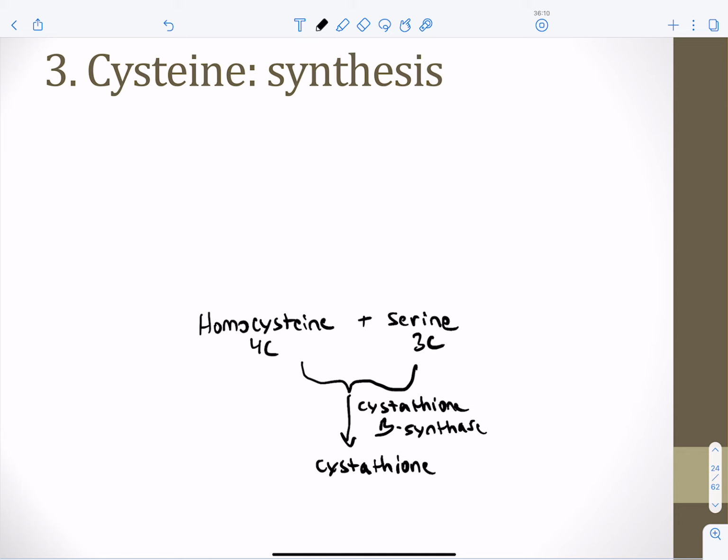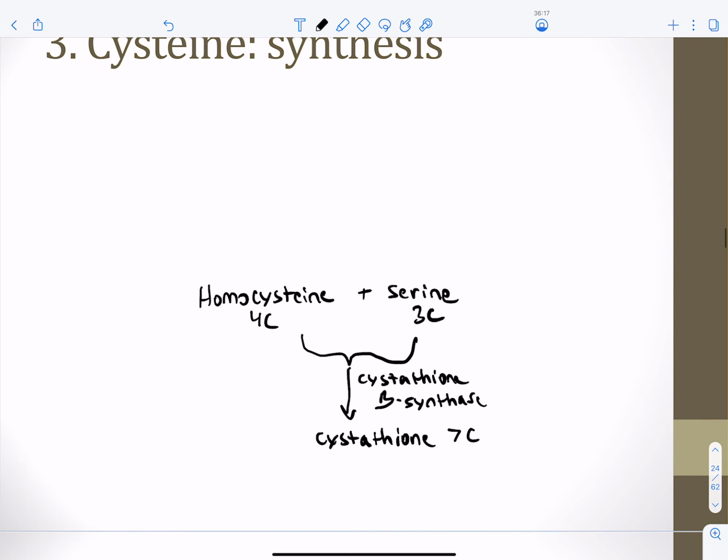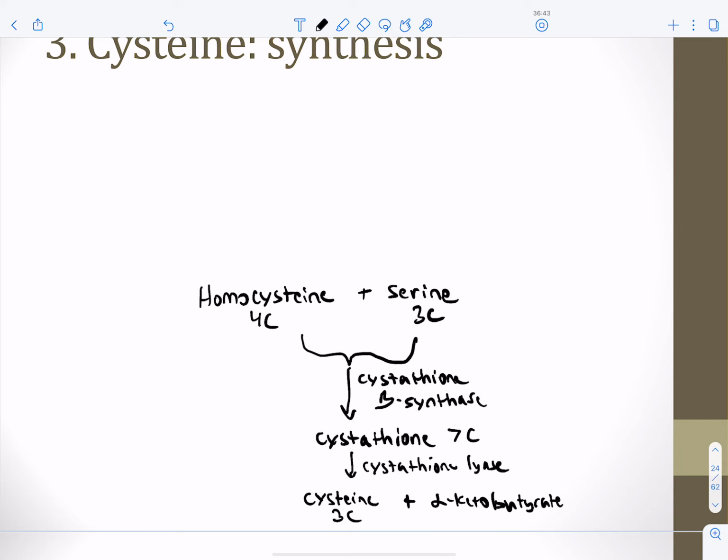Okay, and so the cystathionine is a 7-carbon, but we want to form cysteine, which is only 3 carbons. And so we have a cystathionine lyase, and this is going to form cysteine, which is our 3-carbon, and our alpha ketobutyrate, which is our 4-carbon.